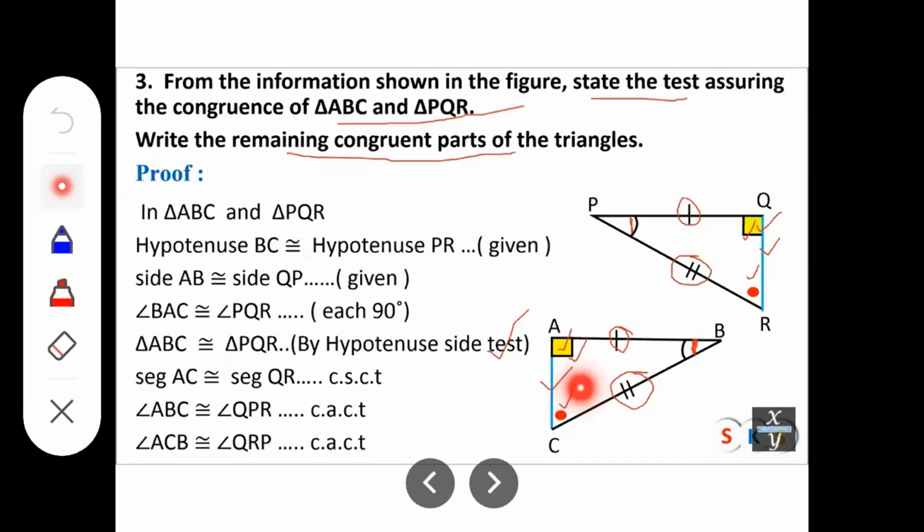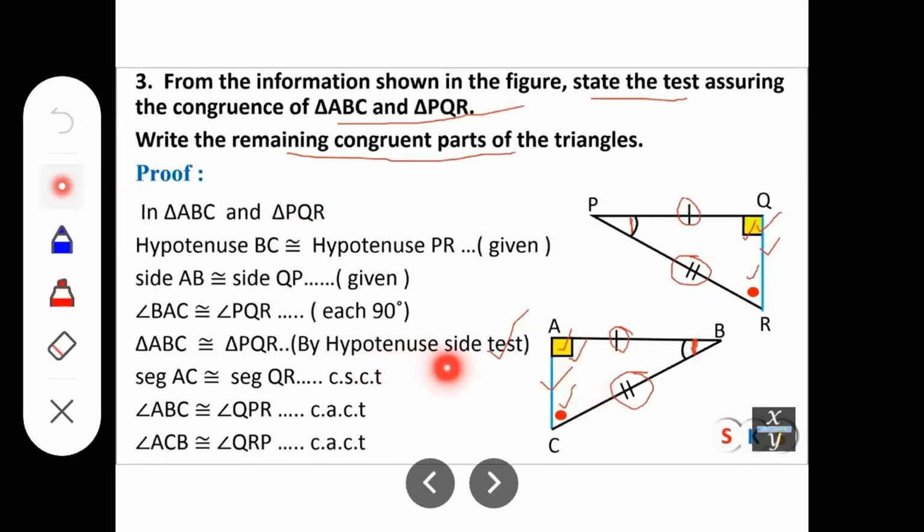So just before, identify the test of congruency and let's write the solution here. As the triangles given here are right angled triangles, the test of congruency here will be the hypotenuse side test.